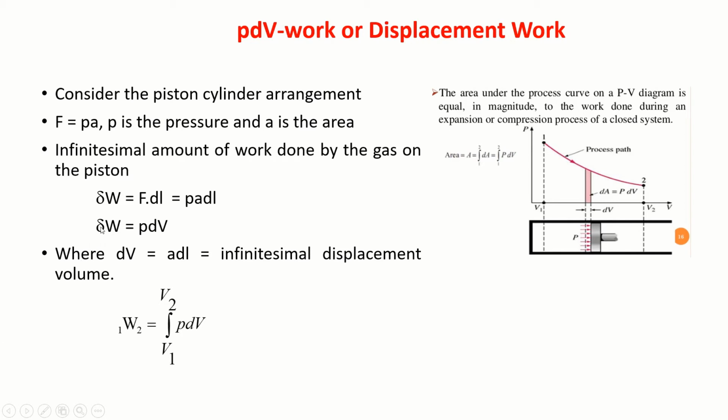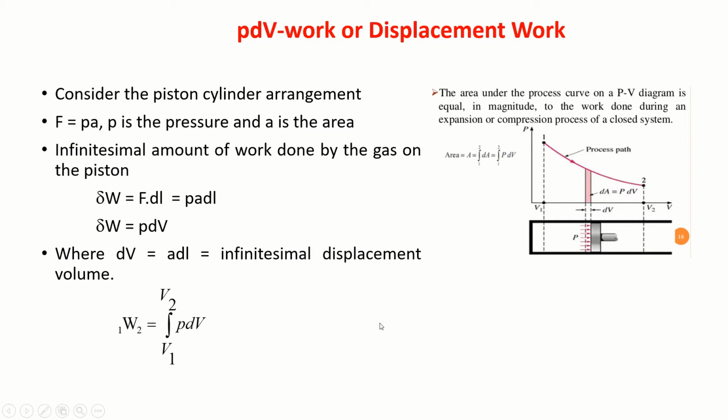I'm using this symbol delta because, as I said, work is not a point function, it's a path function. Once again, we'll explain that. So that is the reason why I have represented it by delta W. Now the question is, from this end to this end, when I move the piston, I can go on adding these small PdV, PdV, PdV.